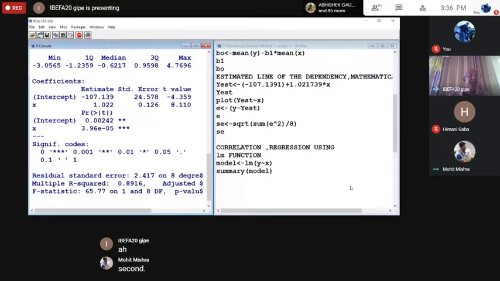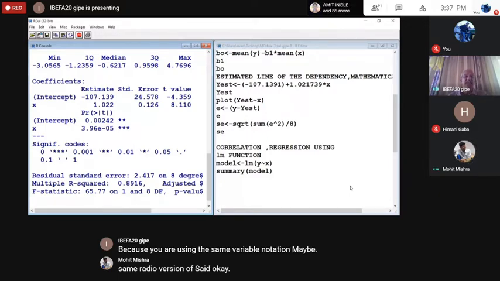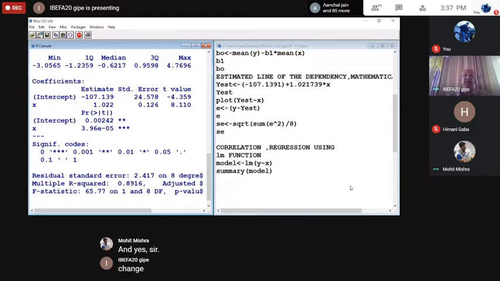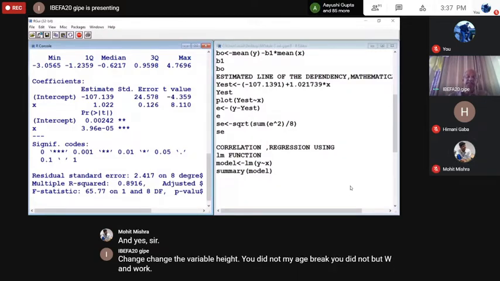Because you are using the same variable notation, maybe. Change the variable, because you are working on the same file. Height you denote by H, weight you denote by W, and then work. Okay. Any other question?